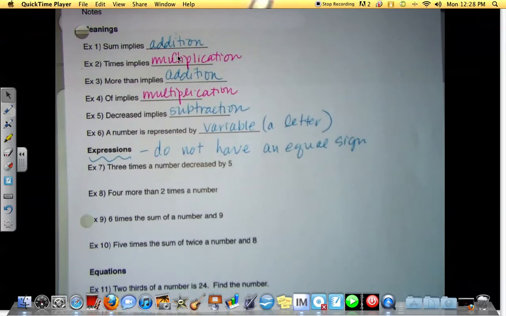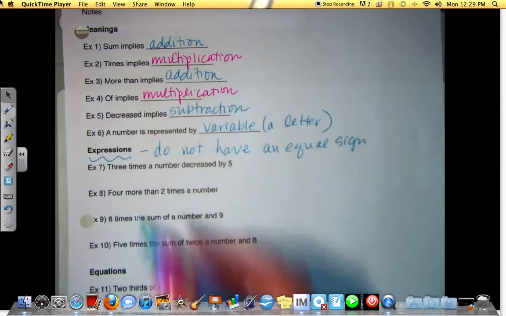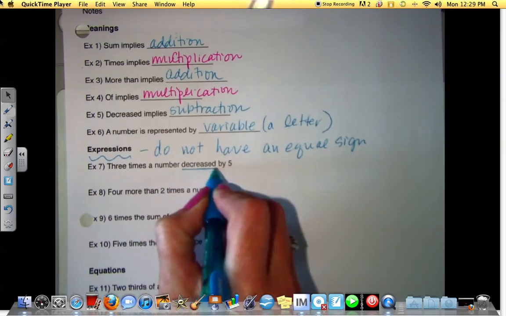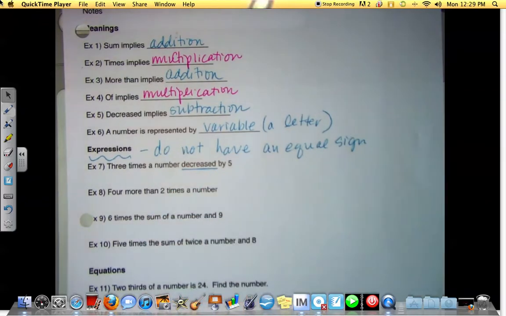All right, so let's look at writing some expressions. Example 7: 3 times a number decreased by 5. The operation we're performing is decreased, so that means subtraction. Usually the operation is thrown in between a couple of terms.